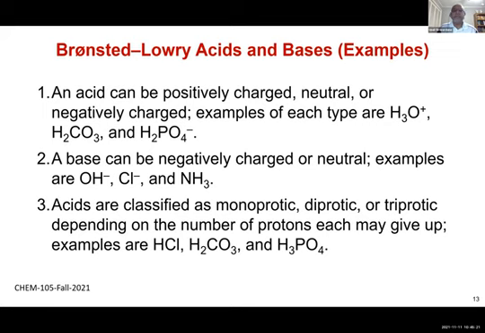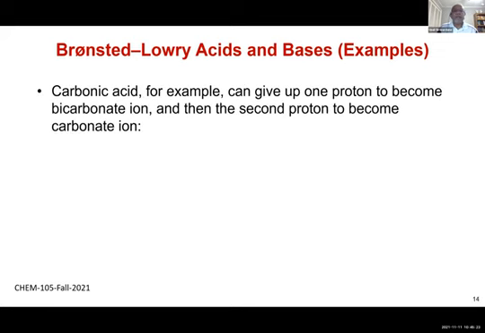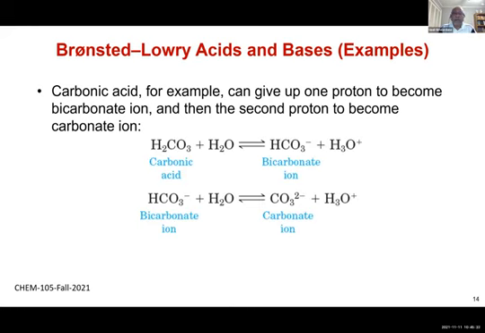Bronsted-Lowry acid-base examples. Carbonic acid, for example, can give up one proton to become bicarbonate ion, then a second proton to become carbonate ion. Normally, the first equilibrium is the predominant one. The second equilibrium, removing a proton from bicarbonate, is even weaker.